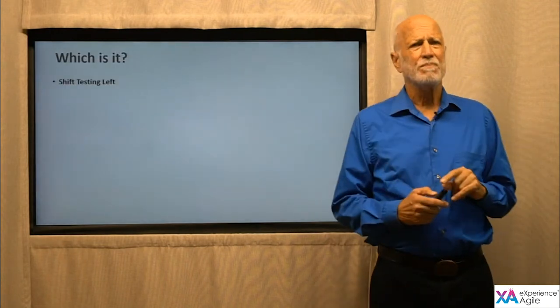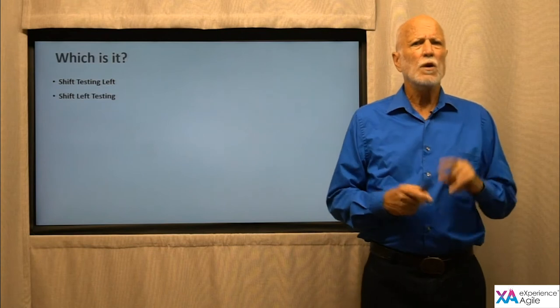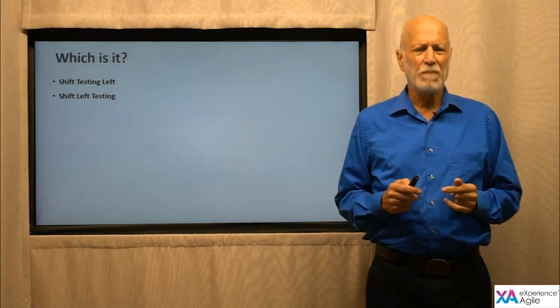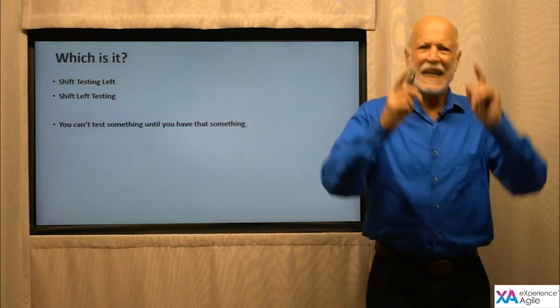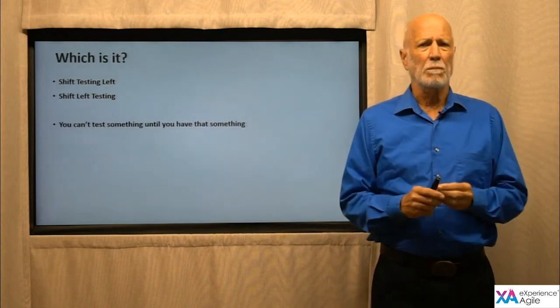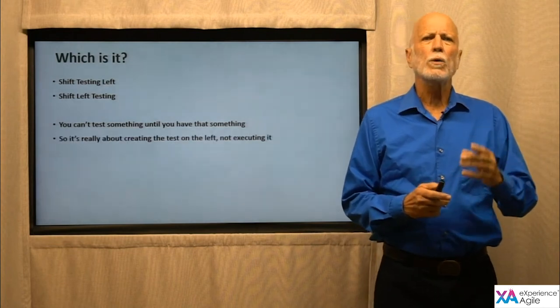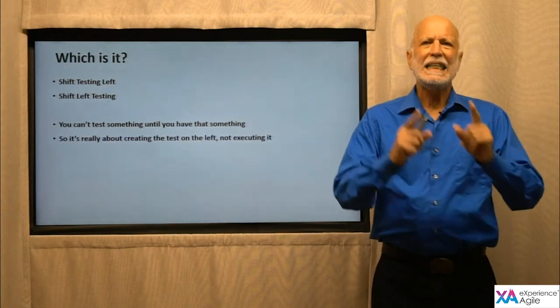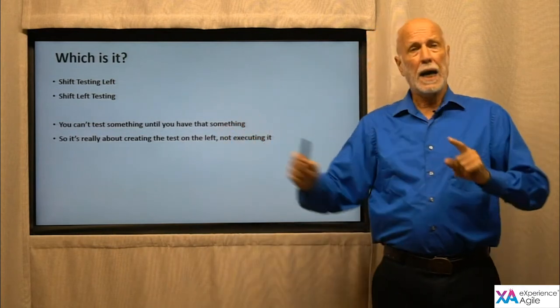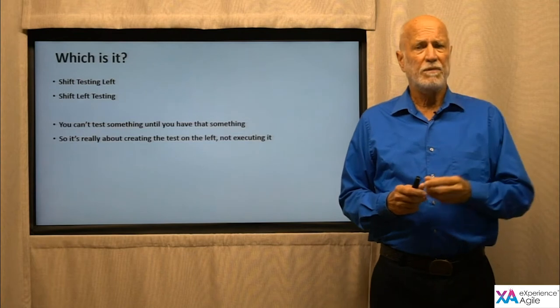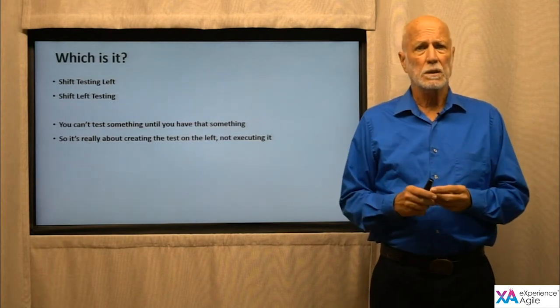So which is it? Is it shift testing left or is it shift left testing? Well, it really doesn't matter because you can't test something until you have that something. So we don't have the feature. What are we creating? We're creating the test on the left, not executing it, because we obviously have the feature or the story before we can execute the test.